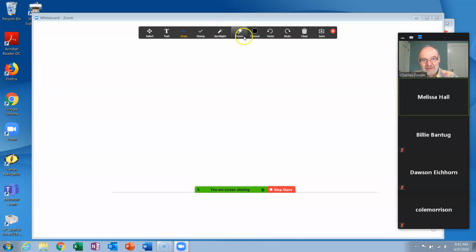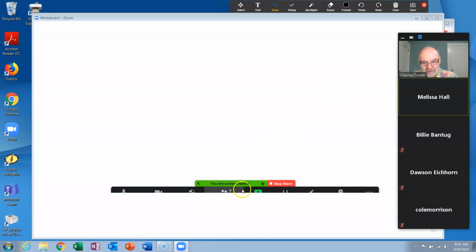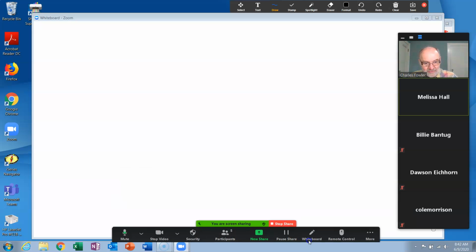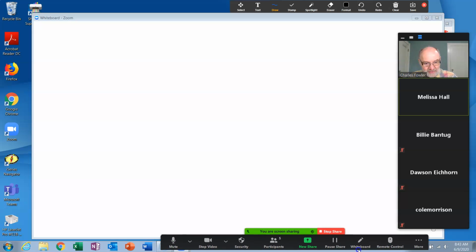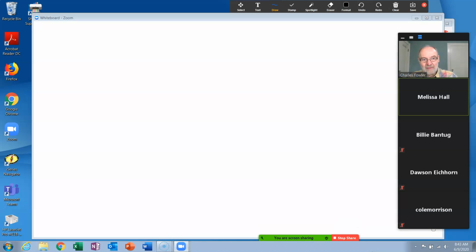Okay. Well, there is a taskbar at the top, which of course gets in the way, so I'm going to move it as far as I can out of the way. And then there's one at the bottom that also gets in the way, and I'm going to move it as far as possible out of the way.